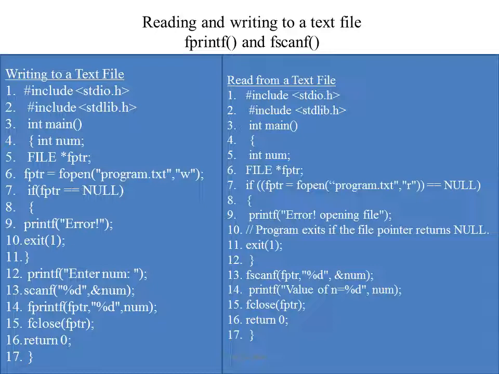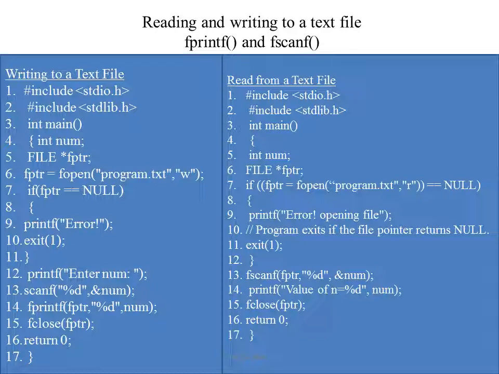But if some error arises, some opening problem, some technical issue, or some virus issue comes, any type of problem, then fptr will receive null from the fopen function. That means fopen is not able to open the file program.txt due to some backend issue, and it is returning null to fptr.